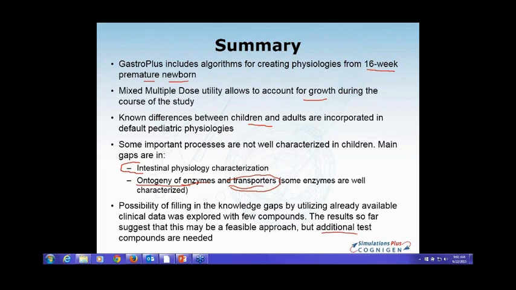So the blood to plasma ratio splits our drug into the drug bound to red blood cells, which is affected by scaling of hematocrit, and the rest of the drug, which is in the plasma. And within the plasma, this would be the total drug, bound and unbound, which we then scale by the protein changes.